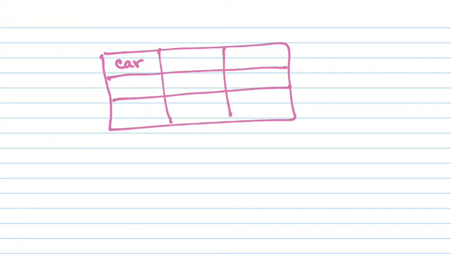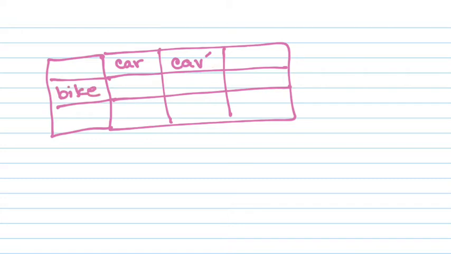If I have car is having a car, what's not having a car? There we go. Car with an apostrophe, that's car prime. That means not. Now, then we need another category. So let's say we ride our bike. So what's the second one then? Bike with an apostrophe. Bike prime, not having a bike.